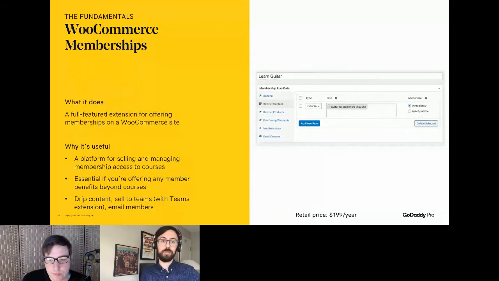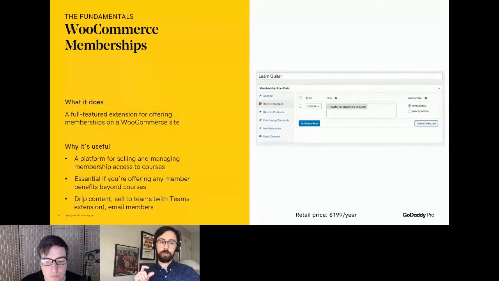So Memberships is really good. It's built for controlling content restriction on your site, essentially. If you have something that you only want certain folks to be able to access, you can restrict whatever it is, whether that's the courses themselves or other products, just certain pages of content on the site.